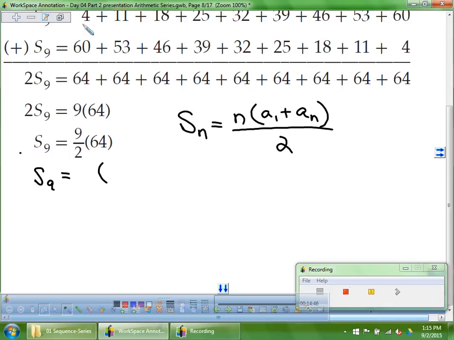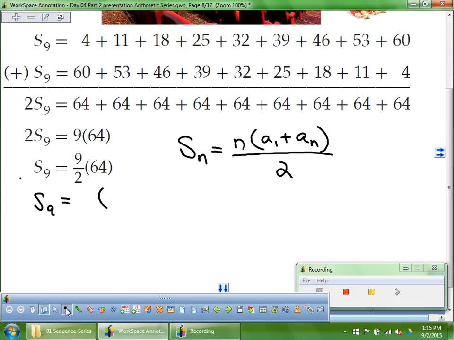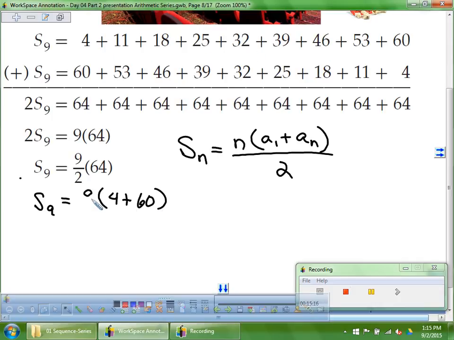The original one is 4. My first term is 4. My last term over here is 60. How many do I have? 9. And I'm going to cut them in half.